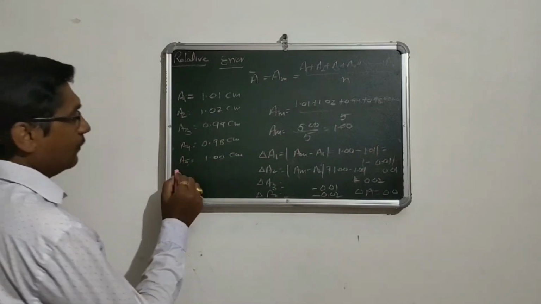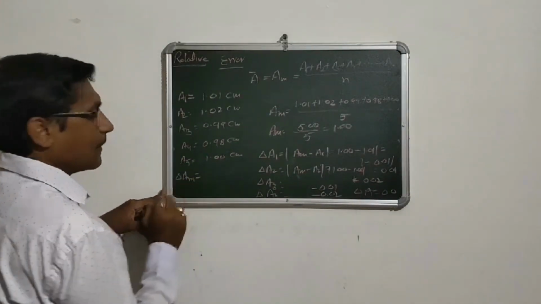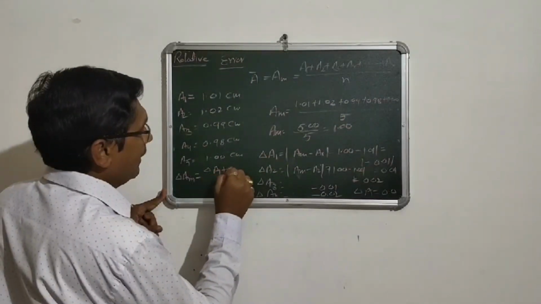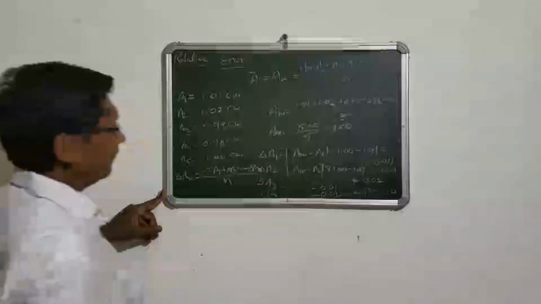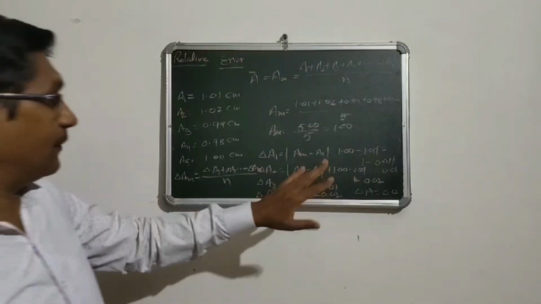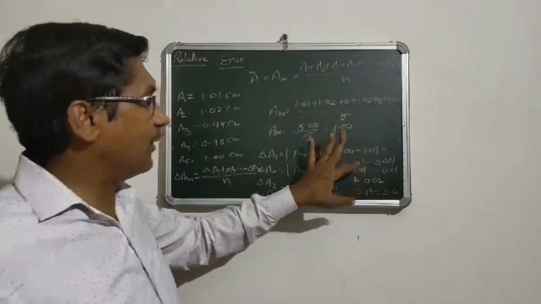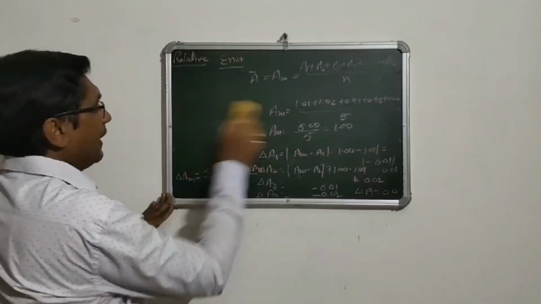The mean absolute error delta A m is equal to delta A1 plus delta A2 up to delta An by n. All these values are added because they are the modulus of absolute values, so they are always positive.